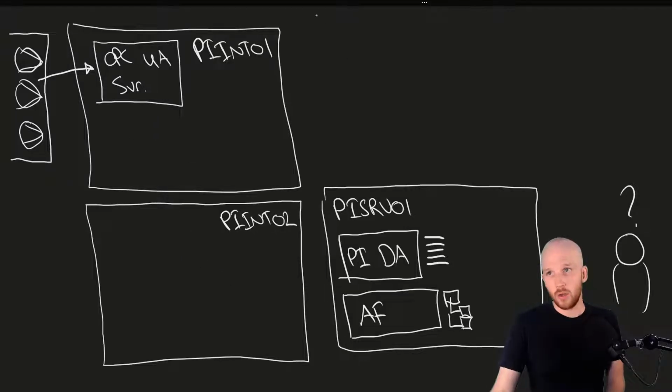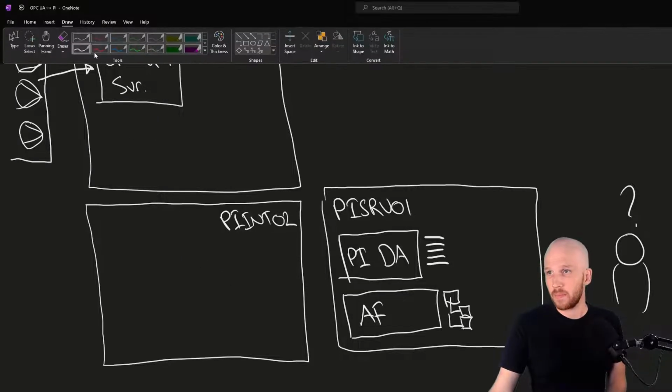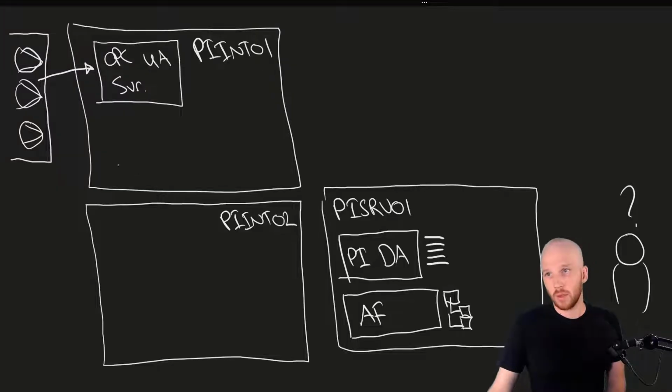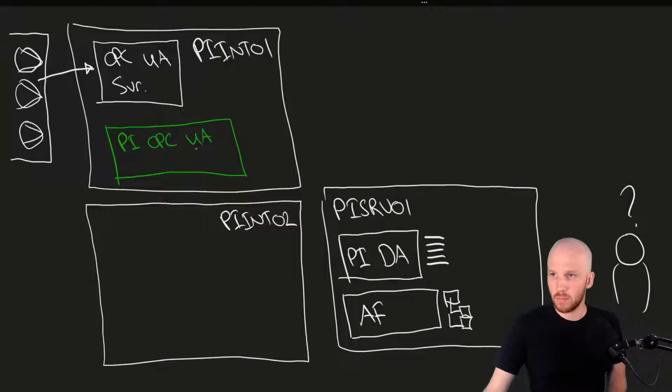Today, we're going to install a PI connector, the PI OPC UA connector. We need to install a few other components as well. PI connectors don't write straight to the data archive and asset framework.